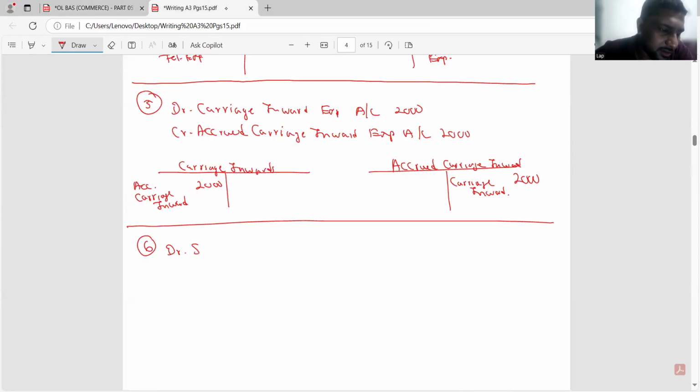Debit the stationery expense account 14,000. Credit the accrued stationery expense, if not stationery expense payable, 14,000.